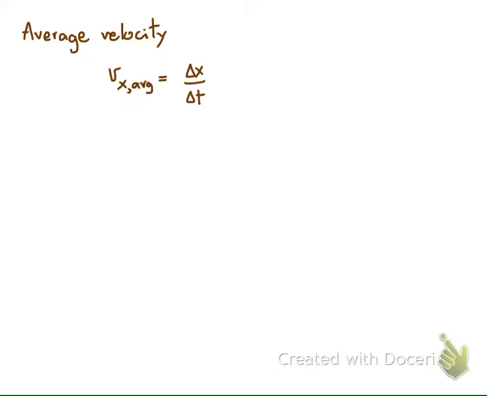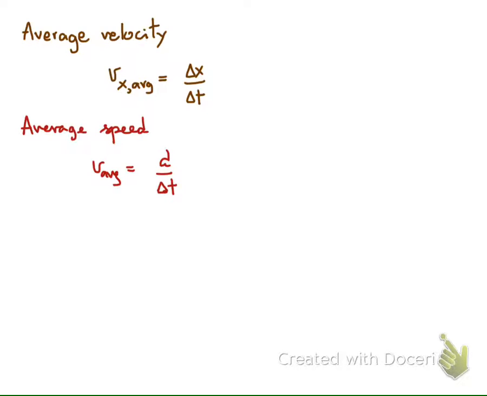We also define the average speed. The average speed, by definition, v_avg is d over t.